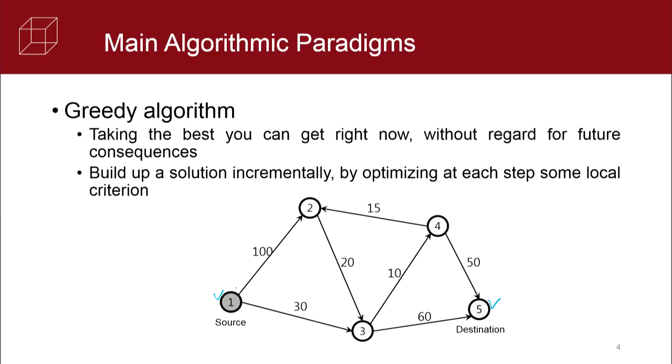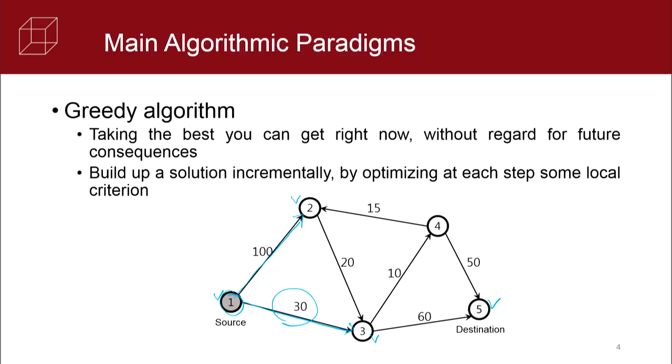So you are currently in node 1, and there are 2 options for the next node to visit, either 2 or 3. It takes 100 and it takes 30. You'd like to find the shortest path, so among the 2 choices, you will choose this route.